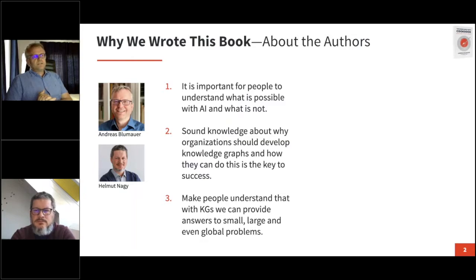And another reason which really triggered this project was, okay, knowledge graphs can be used in many different application scenarios. They can provide answers to small questions, to small problems, but even to very big, maybe global problems. And this is the beauty of knowledge graphs.